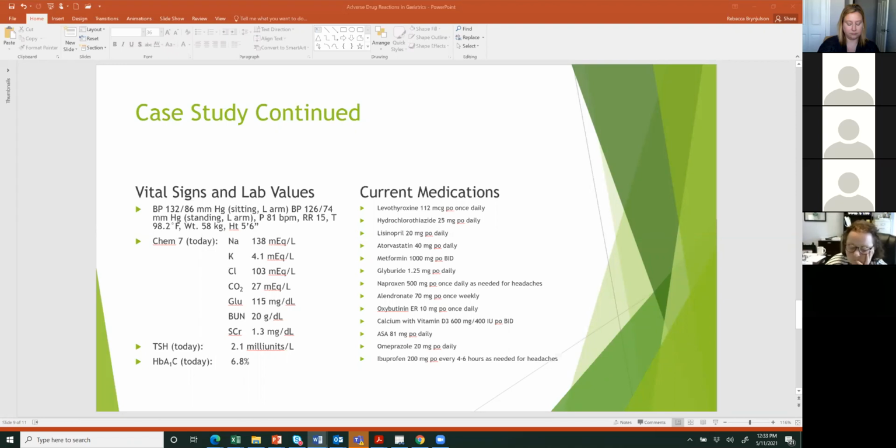We know that many medications are dosed and renally dose adjusted based upon creatinine clearance, which is again an estimate of renal function. That can be important to calculate for all individuals, especially for elderly patients, in reducing potential ADRs. So we want to always look at that and think about our patients' medications and their renal function and whether they need to be dose adjusted. And that's something that's ongoing.